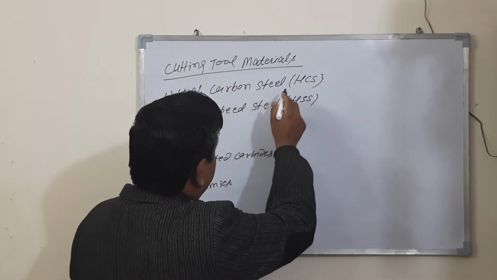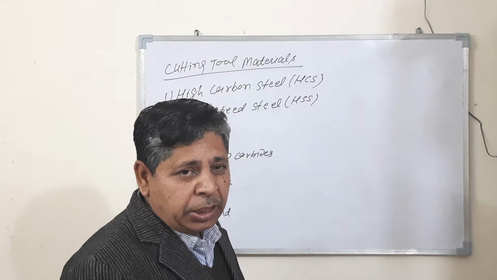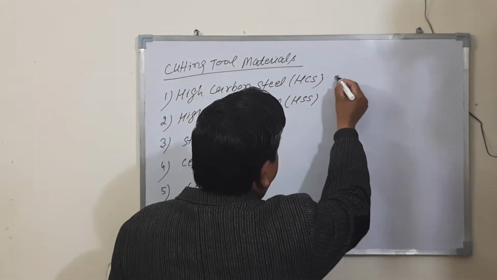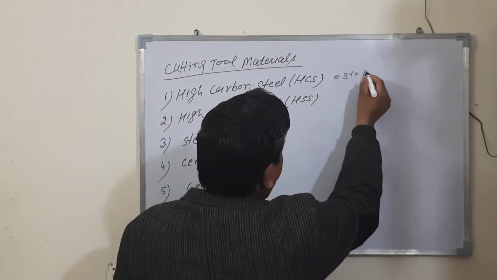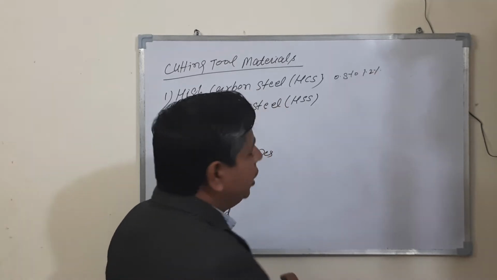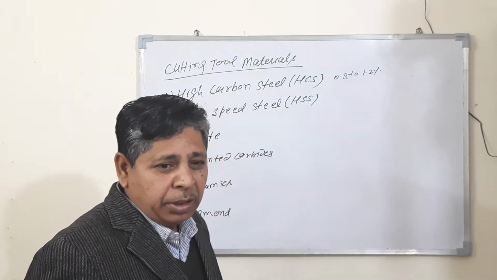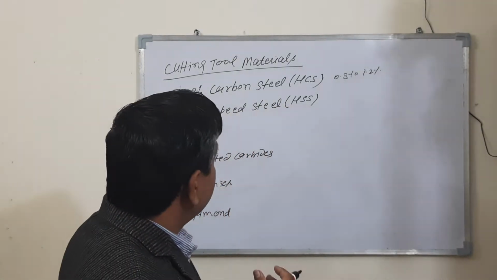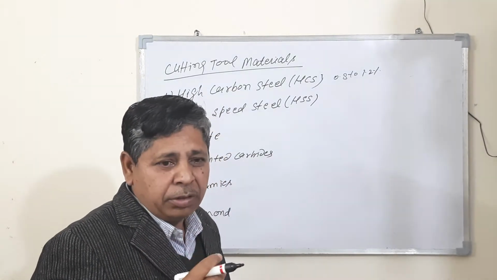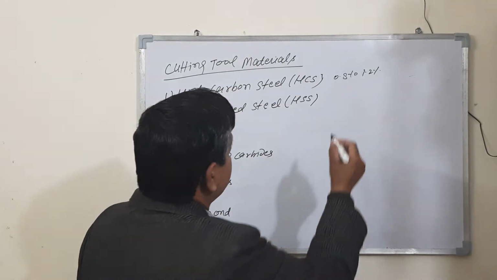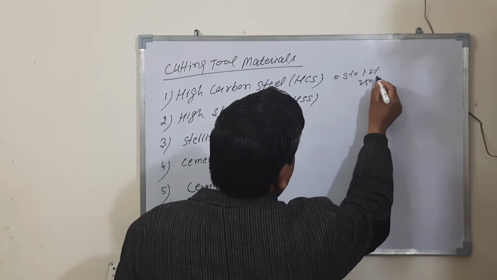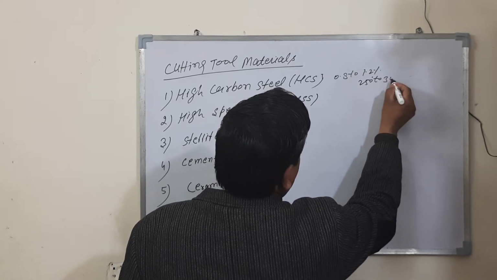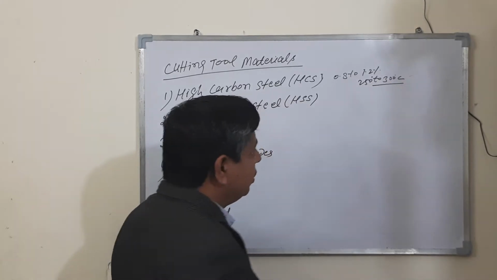The high carbon steel tool contains 0.8 to 1.2% carbon. It is able to retain its hardness at red heat up to 250 to 300 degrees Celsius.